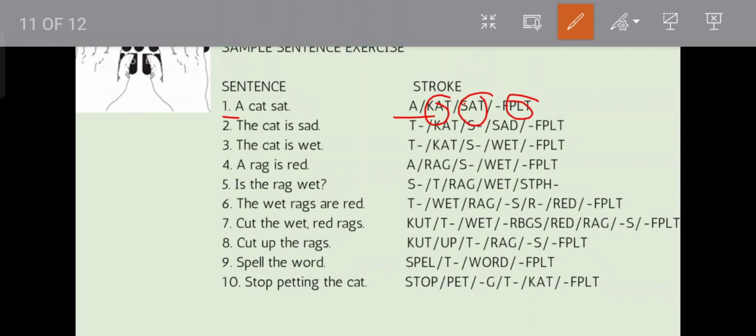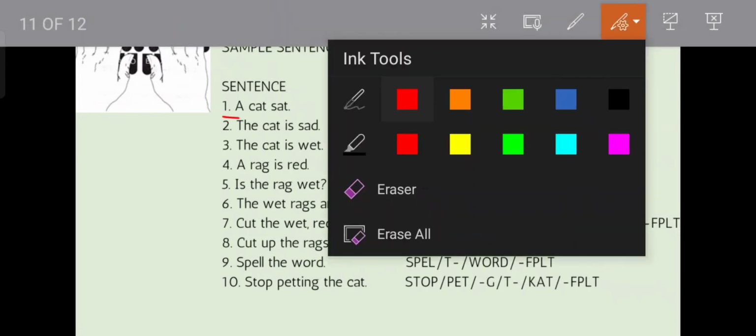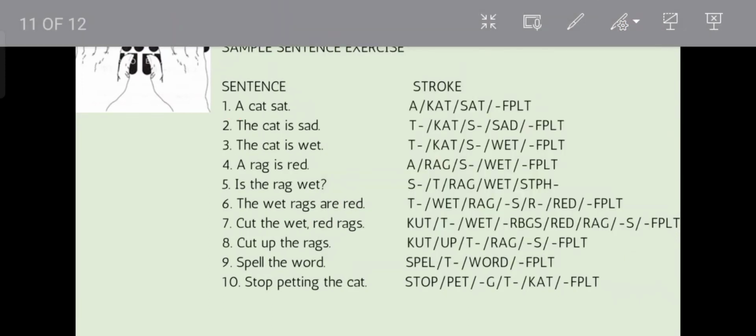The cat is sad. Here we have phrases. The word the is just letter T, an initial key. Your indication is the dash. If a key is on the left side of the dash, that's an initial key, and if it's on the right side of the dash, that's a final key. Since T is on the left side of the dash, it's an initial key.